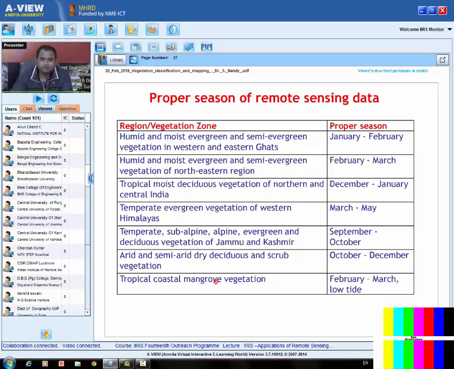So I should look for data where mangroves are maximum visible, so a February March data or a low tide data preferably. So these are the seasons. But again, based on your study objective, the selection of data will vary.